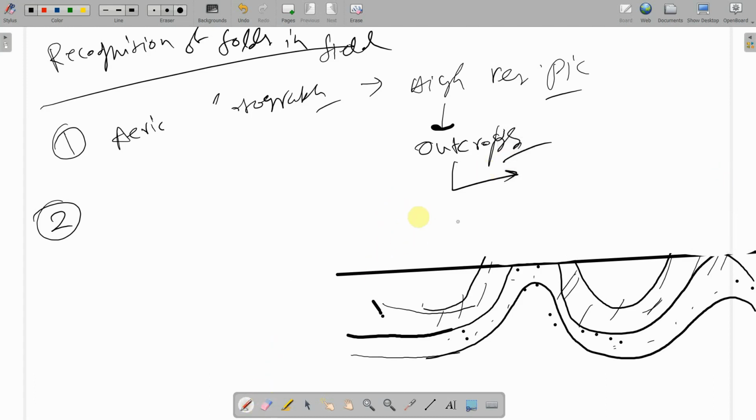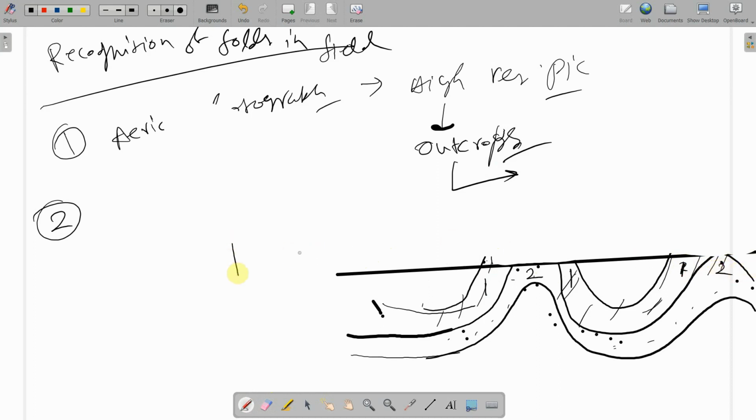Now if you do the structural mapping, what you will see is, say this is 1, this is 2, this is again 1, this is 2, then again 1.